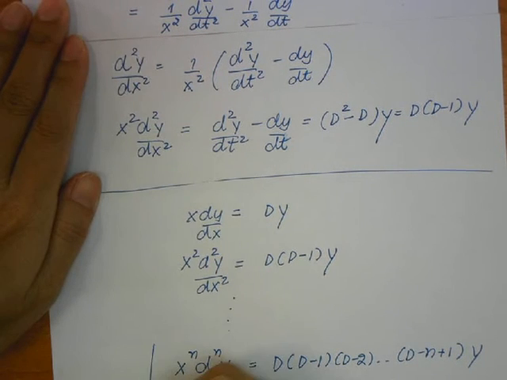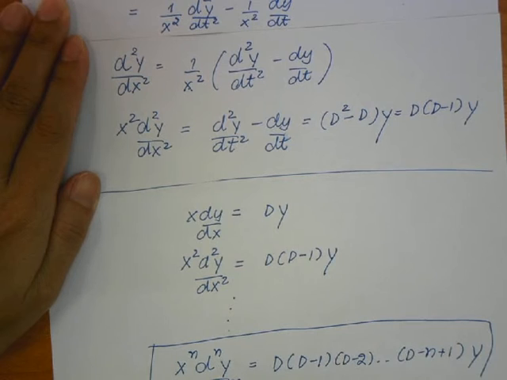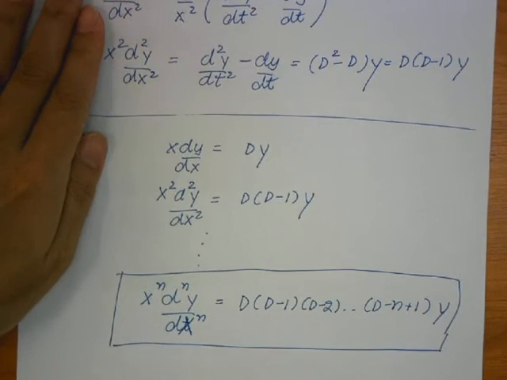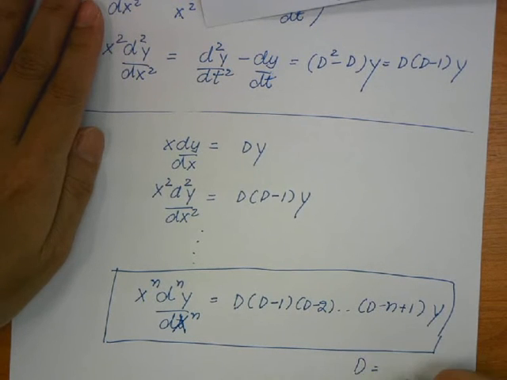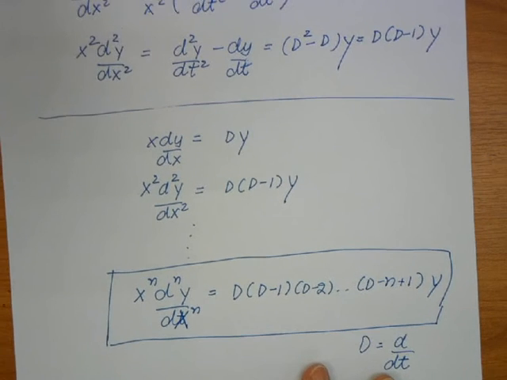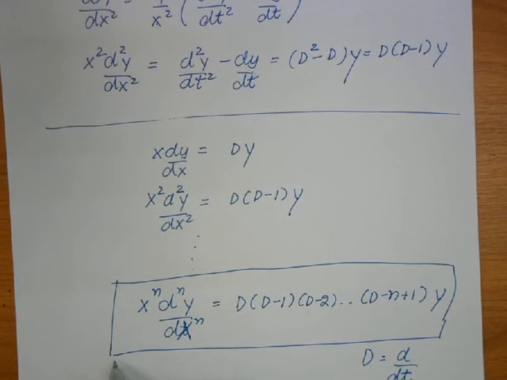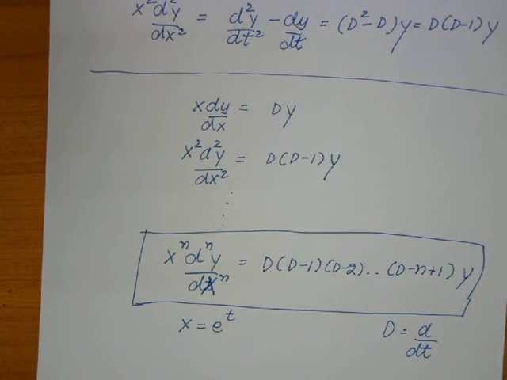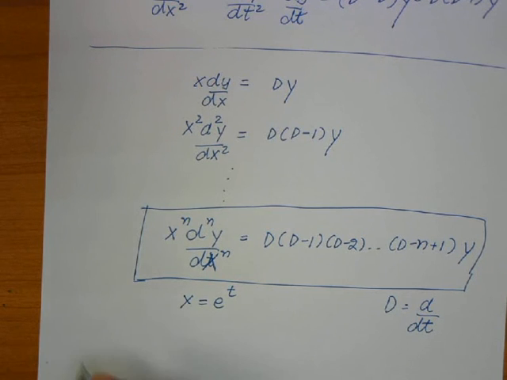Here is the thing that you are going to use. And now your D means d by dt. In order to get the meaning of this formula, it comes from the assumption that x is equal to exponential of t. Now take a look at the example.